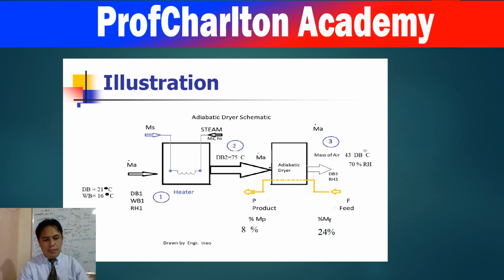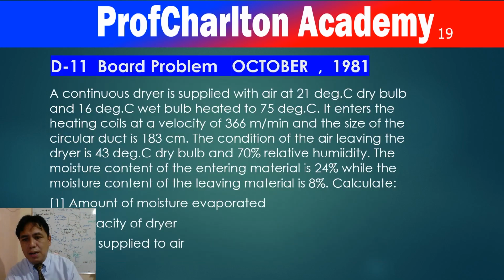So let us list down the given one by one. We have here a heater that has 21 degrees dry bulb and 16 degrees wet bulb. At point one, outside of the dryer, there's 21 degrees dry bulb and 16 degrees wet bulb.